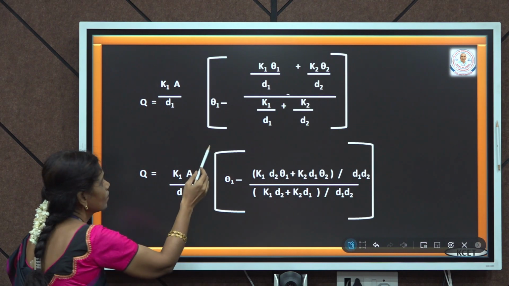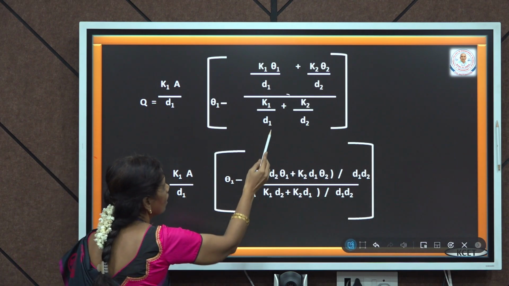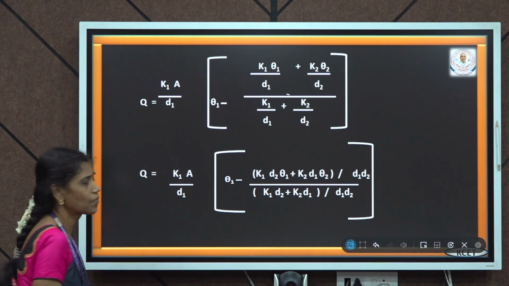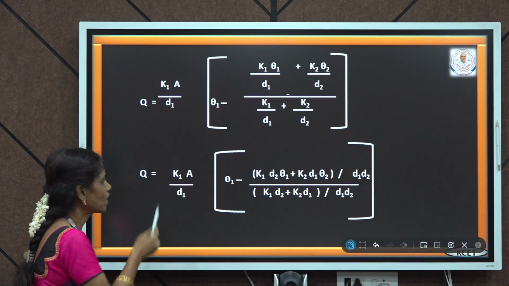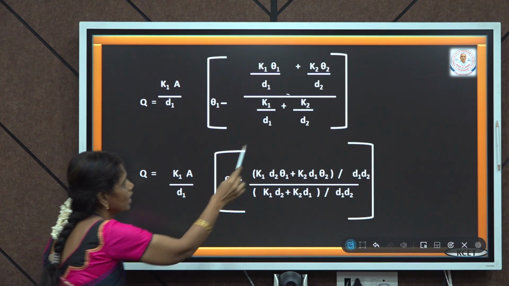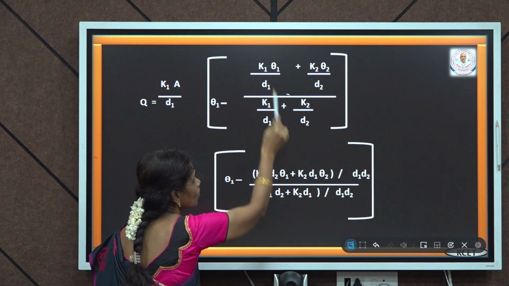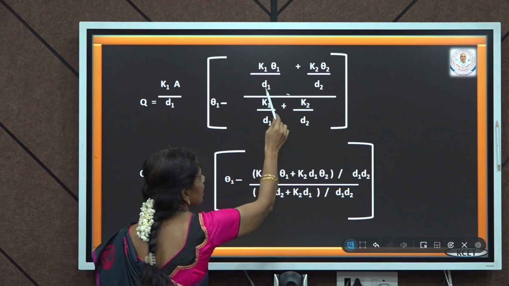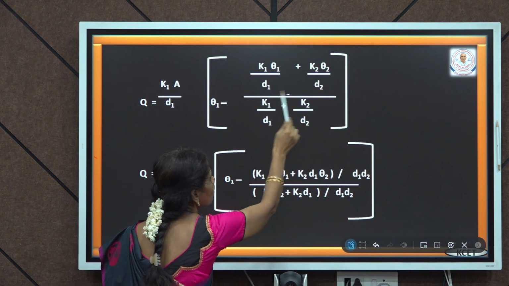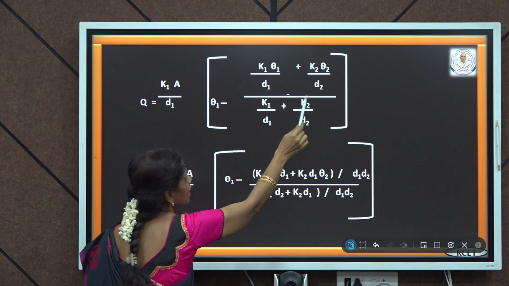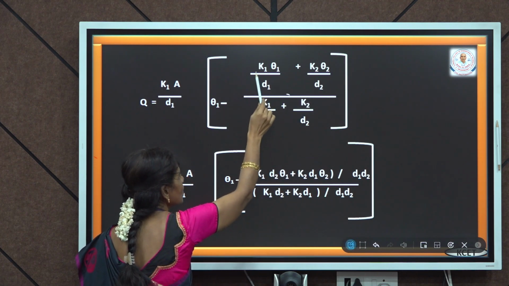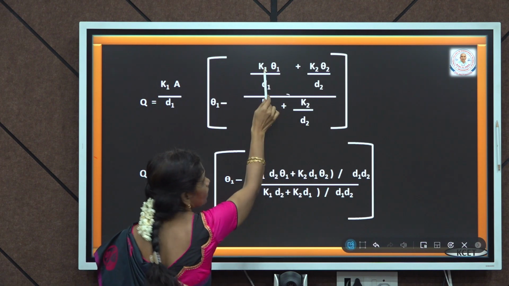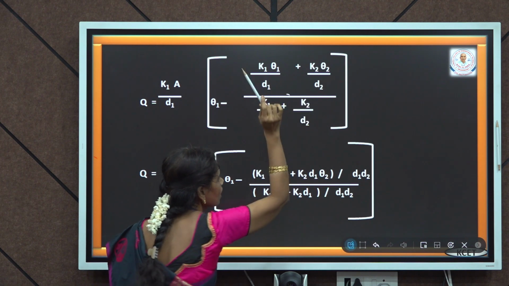Then we have to take the common denominator in order to simplify the equation. We have to take common denominator on both the numerator and the denominator. First, taking common denominator in the numerator, that is D1 by D2 is commonly taken. Then in the numerator it becomes K1 D2 theta 1. Here we are multiplying D2 and here I am multiplying D1.